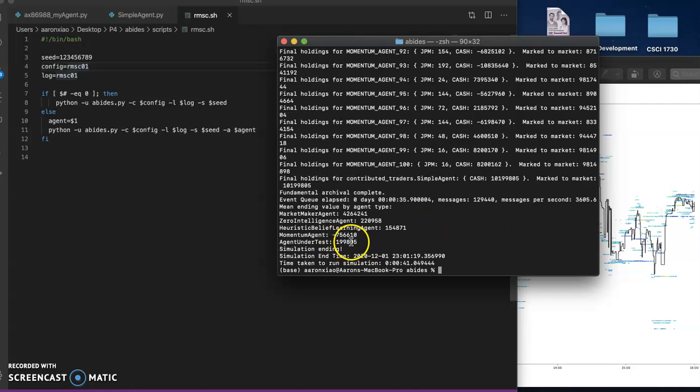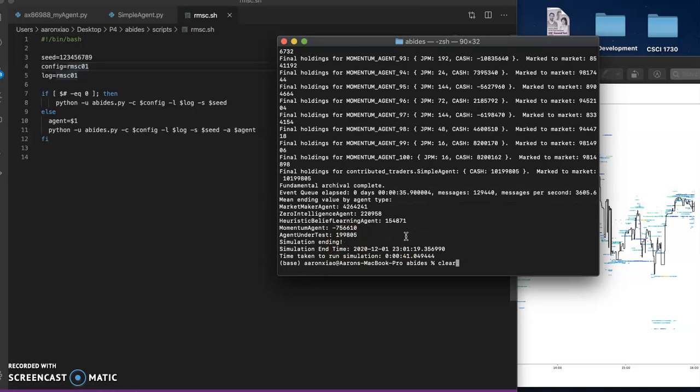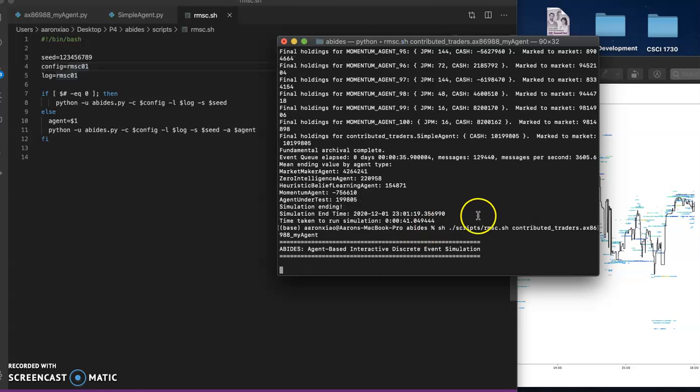Okay. So since the total amount is in cents, the simple agent produced around $1,998. And now to try my agent.